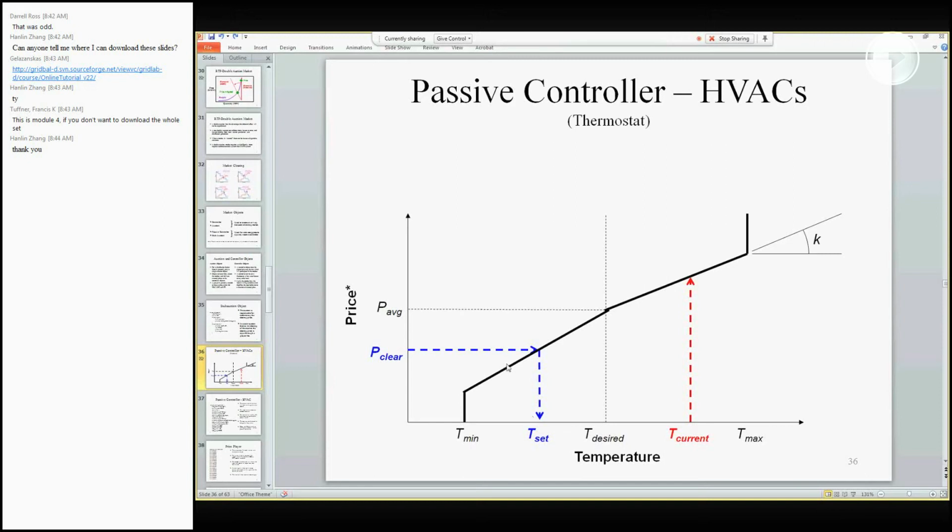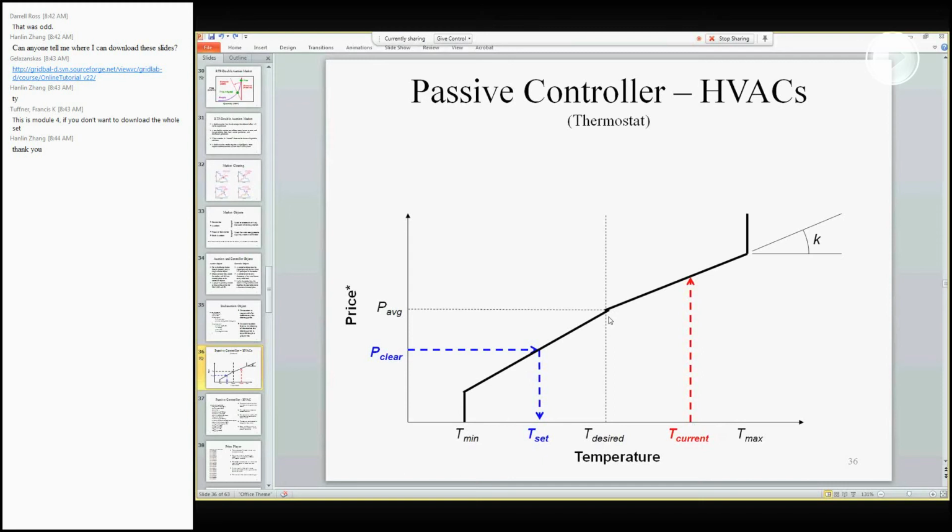Basically, they can go from comfortable to economic, and that affects the slope of this line and the limits of Tmin and Tmax, so that as you become more comfort-driven, you would go to a point where your desired set point will always just be the desired set point, no matter what the price is.